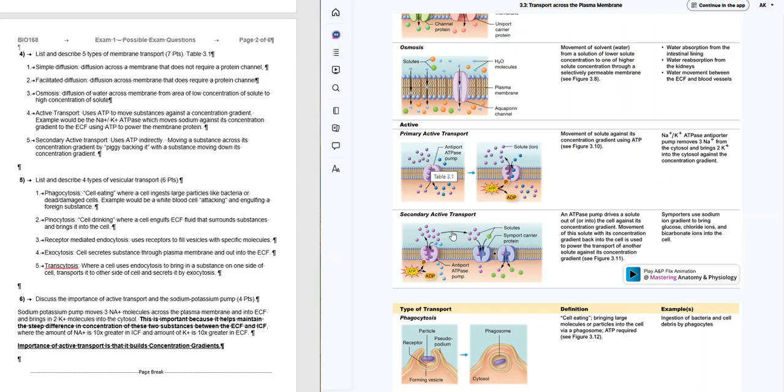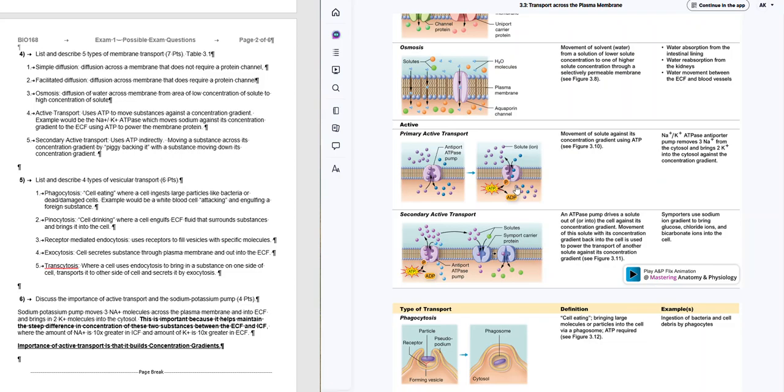And then when the concentration gradient is built and then it flows back across and carries a secondary molecule with it, this is called secondary active transport. So there is your list and describe 5 types of membrane transport. Table 3.1 has our simple, facilitated, osmosis, active transport, and secondary active, with a brief description for full credit.